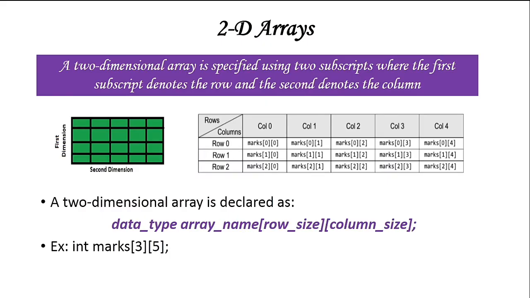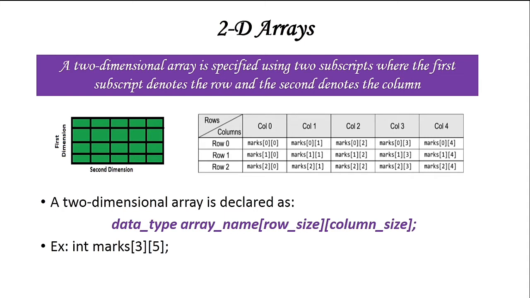Two-dimensional array: if you have only one index, that means either row or column, either a horizontal set of elements or a vertical set of elements, then I can call it a one-dimensional array.